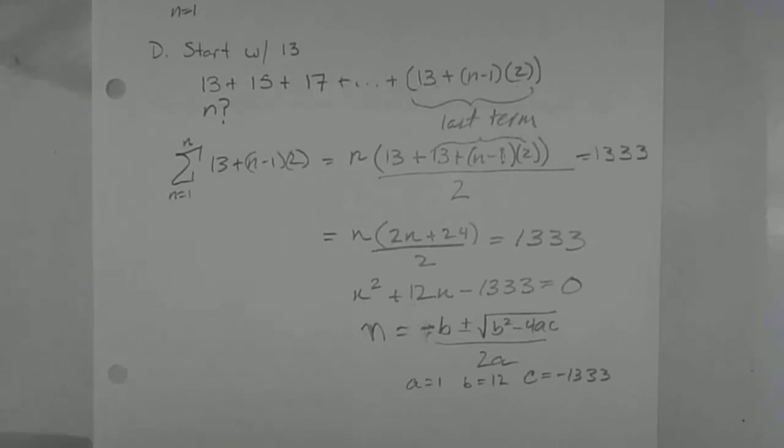So what I'm going to do is I'm going to use the table feature to find what n value gives me 1,333. Notice that since this is an arithmetic series, I know n must be a whole number.